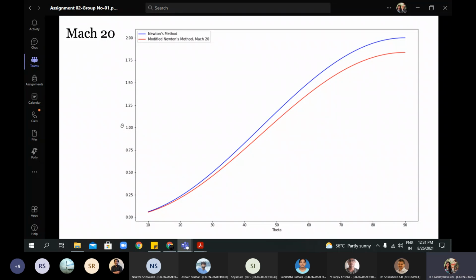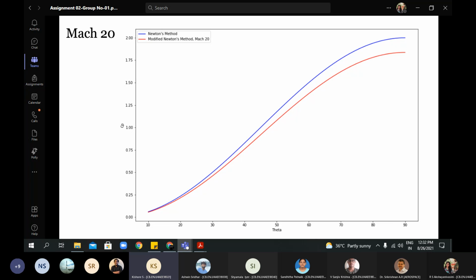Anybody in the team can. Ashwin, can you please explain? Kishore? Sir, actually, in this case, for Mach 20, you could see for small theta it was close to this Newton's method. The Lee's approach and this Newton's approach are close at small theta, the difference is minor, sir.